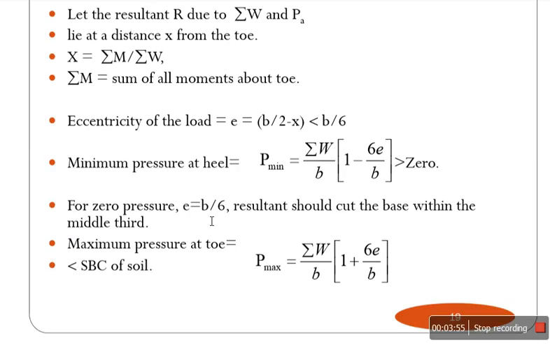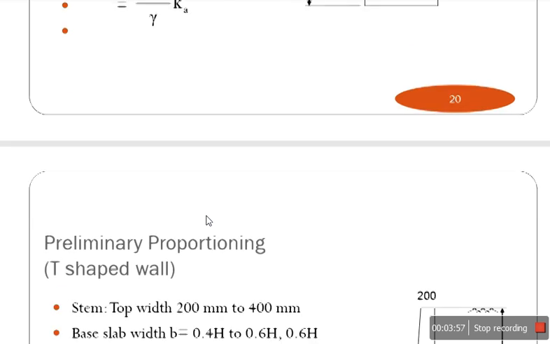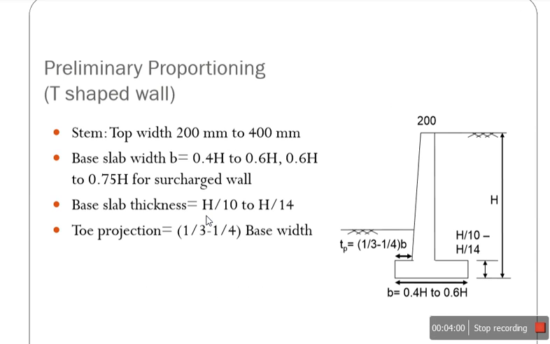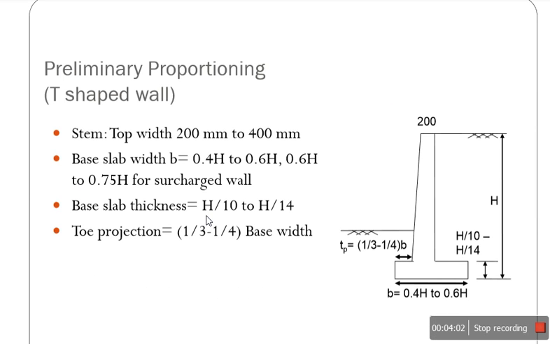This is what we have all seen in strength of materials. So the dimension is the basic thing. In order to calculate the weight of the section, the proportions or the dimensions of the retaining wall, first we need to consider. In any given problem, you only get the details of the soil which you are retaining and the height which you are proposing.